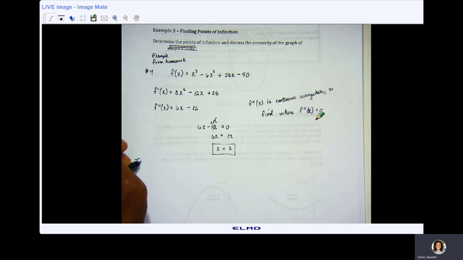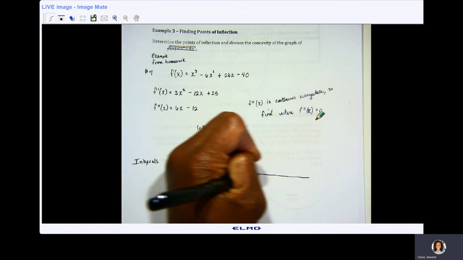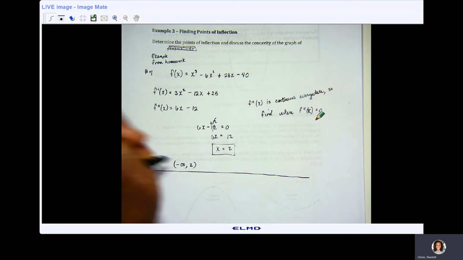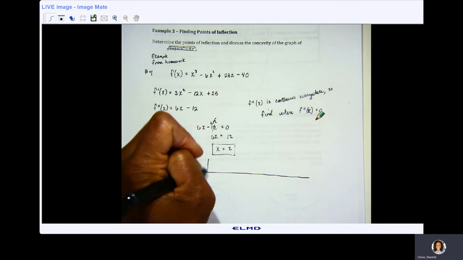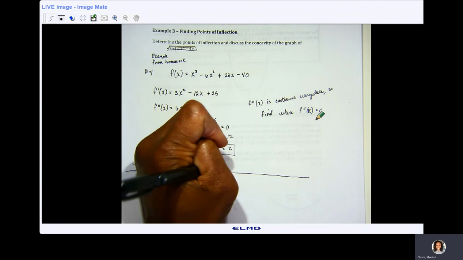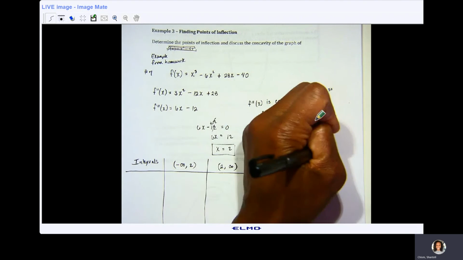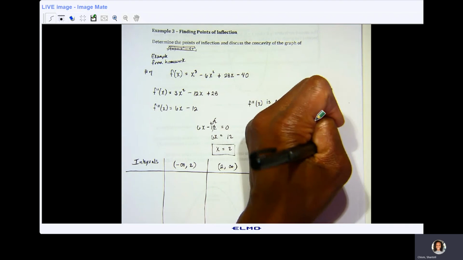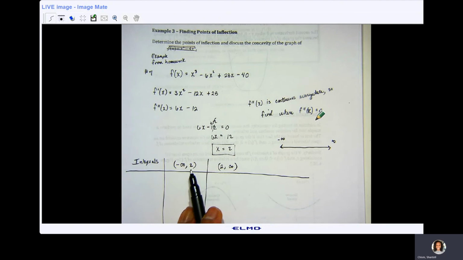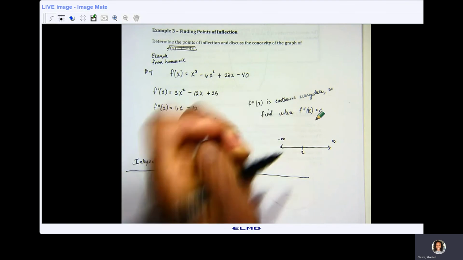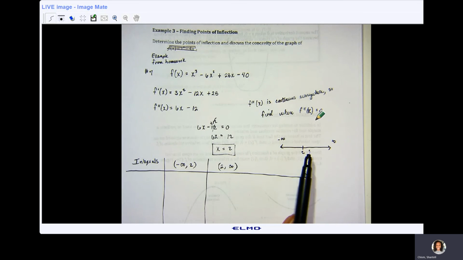So our intervals are negative infinity to 2, and then 2 to positive infinity. Because remember, the number line, negative infinity to positive infinity, you only have one critical value, and it's 2. So negative infinity to 2, and then 2 to positive infinity.